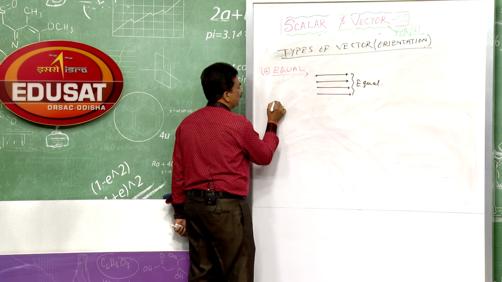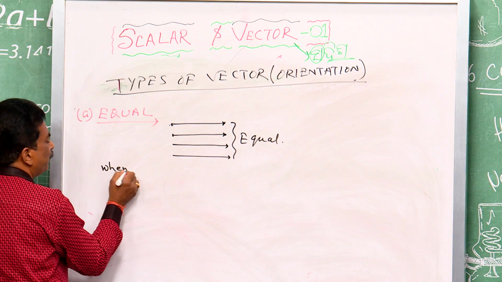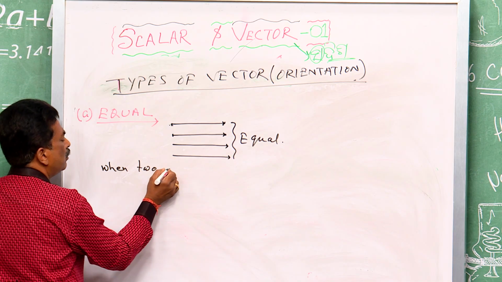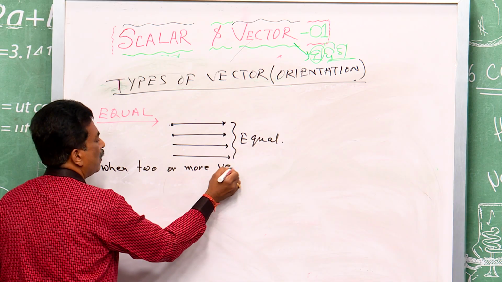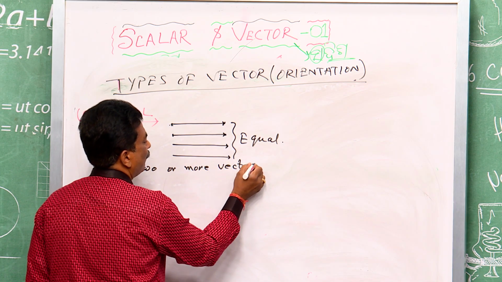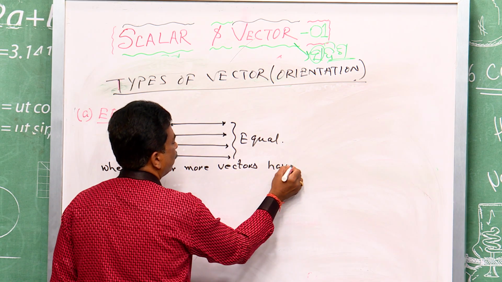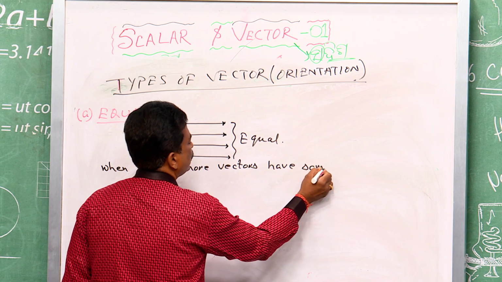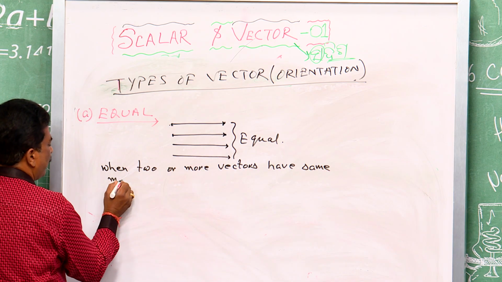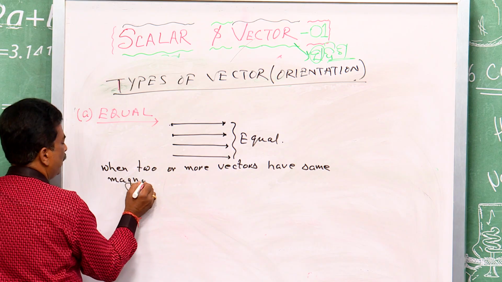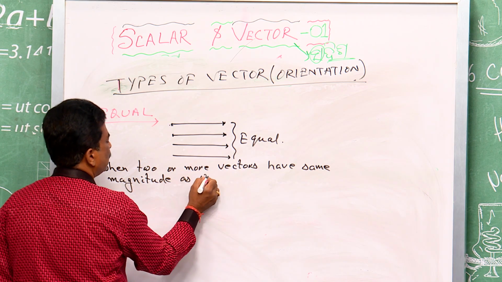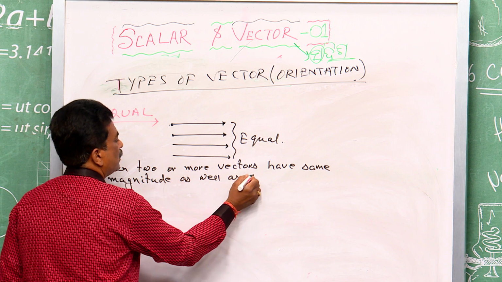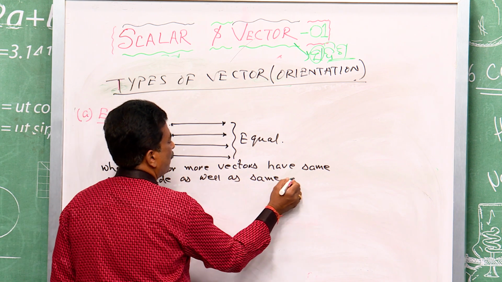So what will be the definition? When two or more vectors have same magnitude as well as same direction.